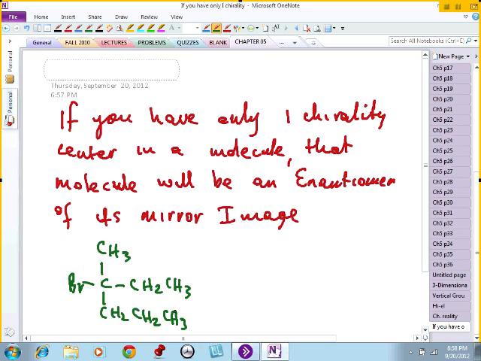How many? 1. It has only one chirality center. Because it's only one carbon in this molecule that is attached to 4 different atoms or groups. So therefore, this type of molecule will not superimpose on its mirror image. And therefore we call this type of molecule a chiral molecule.